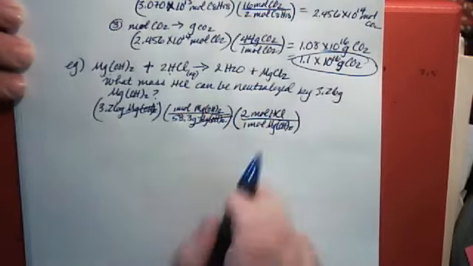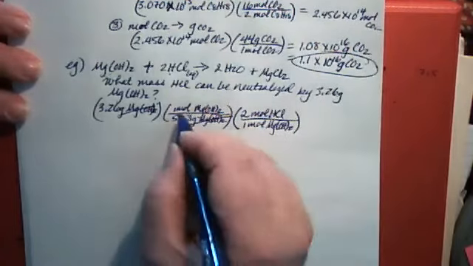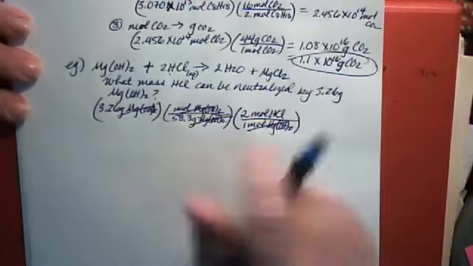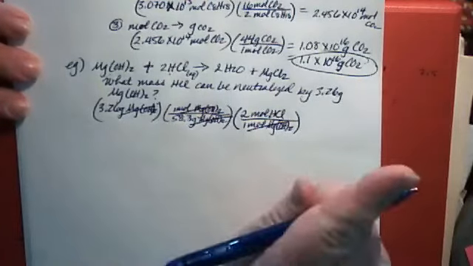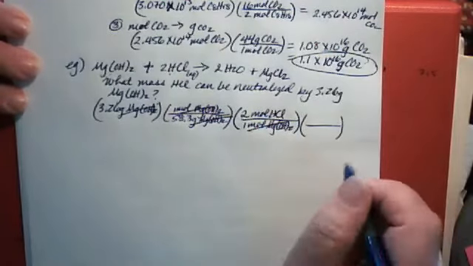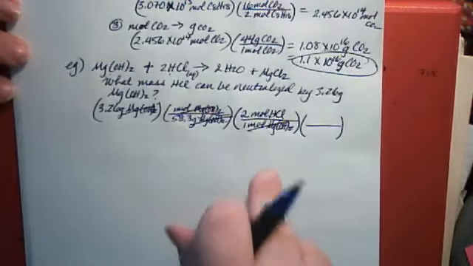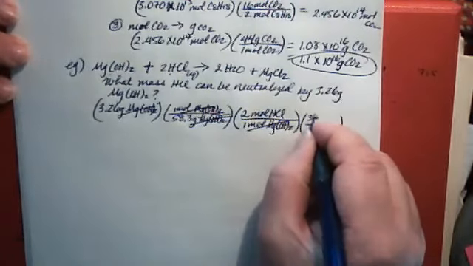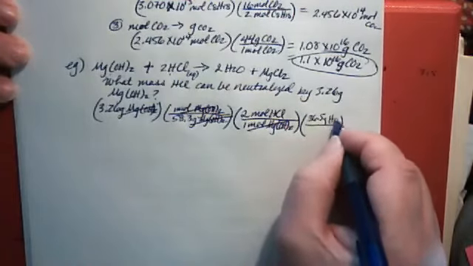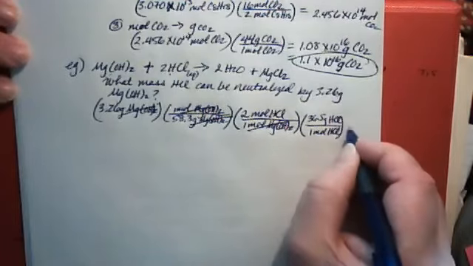There's 2 moles of HCl for every 1 mole of magnesium hydroxide. So now moles of magnesium hydroxide cancel out, and we would have moles of hydrochloric acid, but we want mass of hydrochloric acid. So you go to the periodic table and find the mass of each mole of hydrochloric acid by adding up the mass of 1 hydrogen and 1 chlorine. And you get 36.5 grams of hydrochloric acid for every 1 mole of hydrochloric acid.